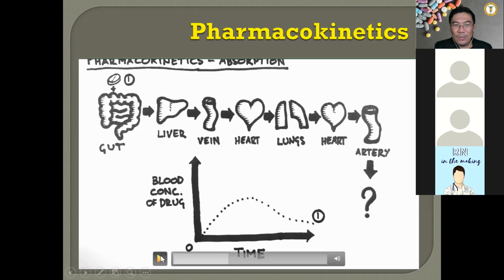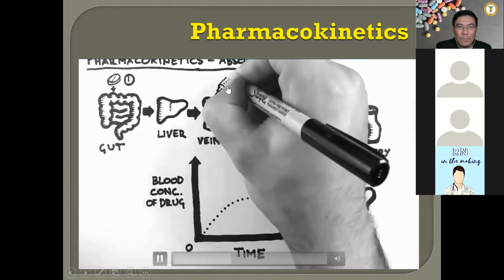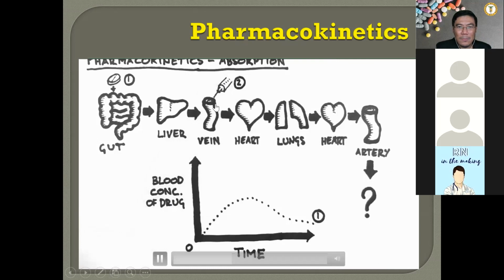So let us continue. We'll now contrast that with intravenous administration. Assume that we give the same dose of the drug intravenously. And for those who have read ahead, this drug does not undergo first-pass metabolism. Class, the term used when oral drugs are metabolized by the liver is the first-pass effect.